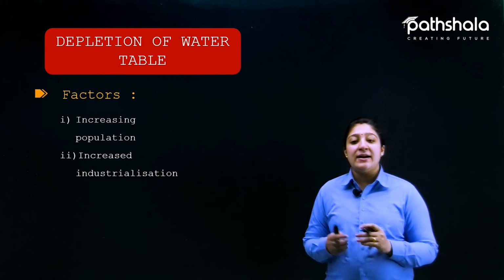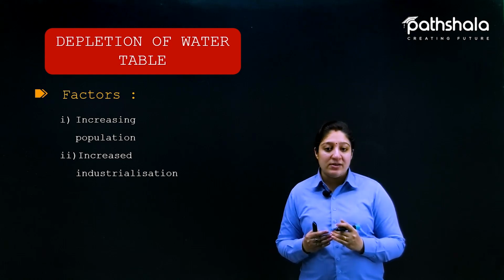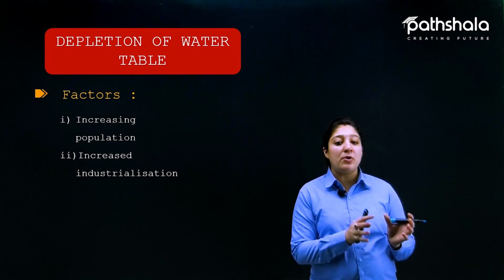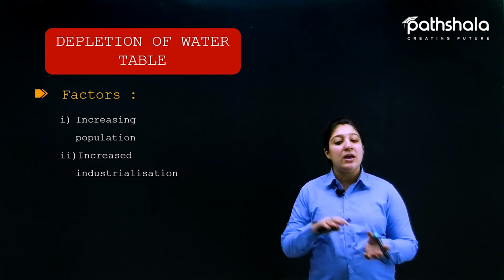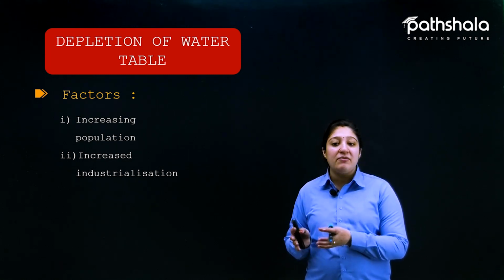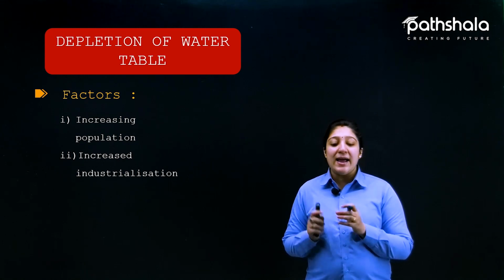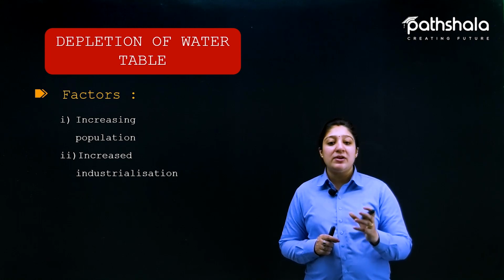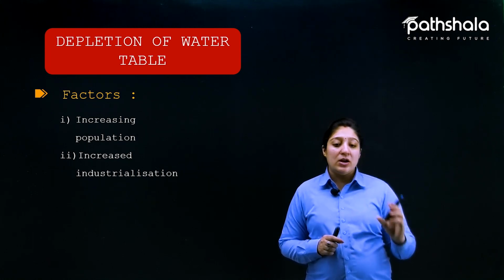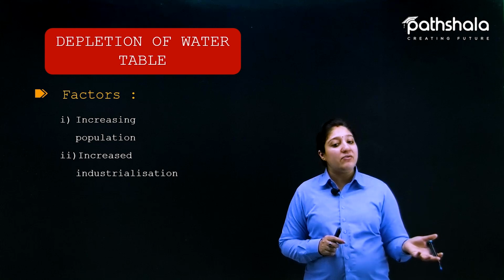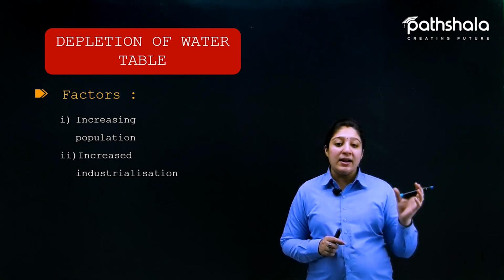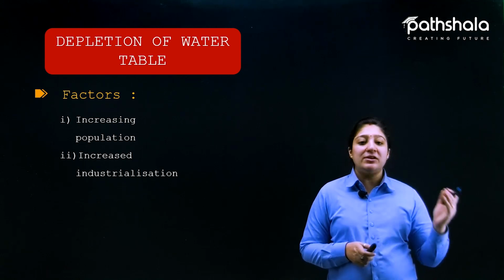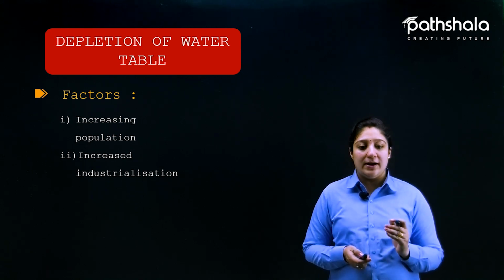Because population is increasing, more industries are formed, so that the useful products coming from the industries are given to the increased population to fulfill their needs. As a result, the industries also need water. For that, the water is also taken from the groundwater. And again, once the water is taken from there, it results in the depletion of the water table.